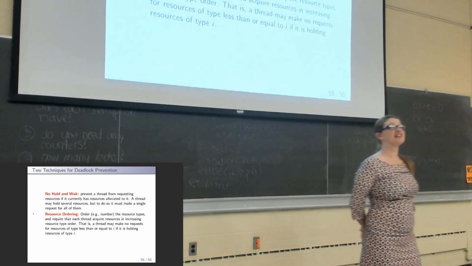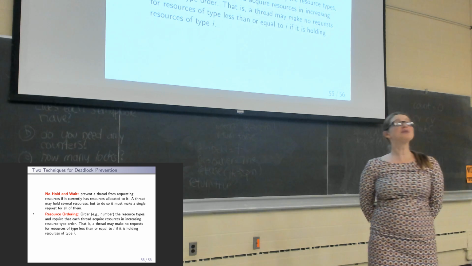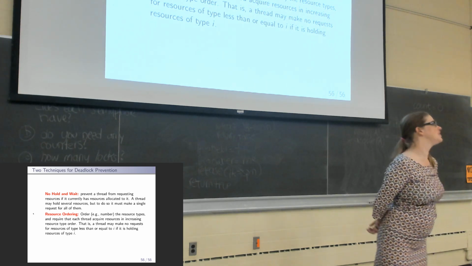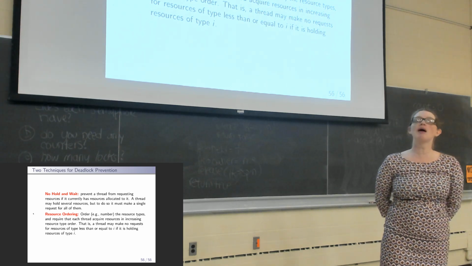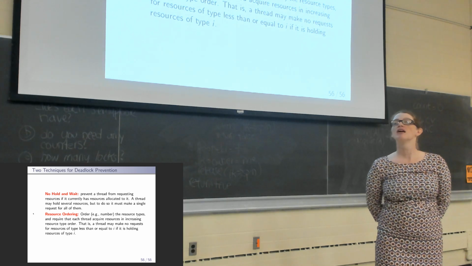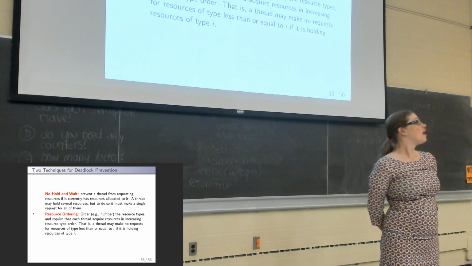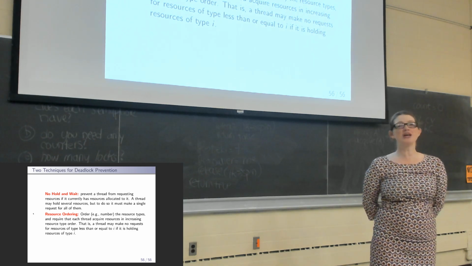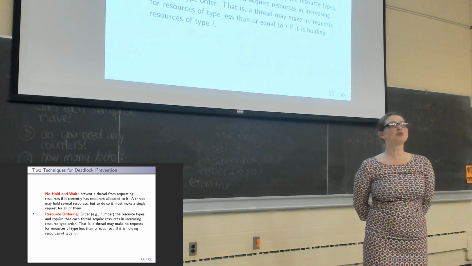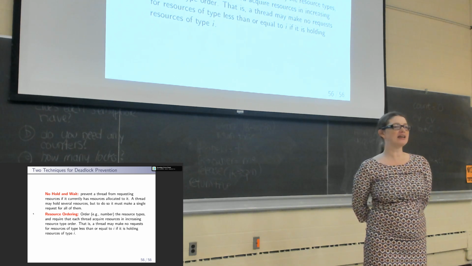And here's how it works. You're going to assign every single resource a unique number. And then it is on you to make sure you always acquire resources in a strictly increasing order.